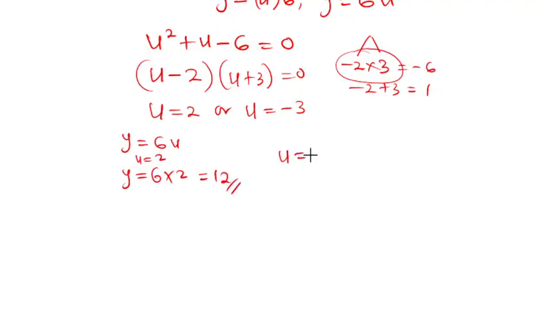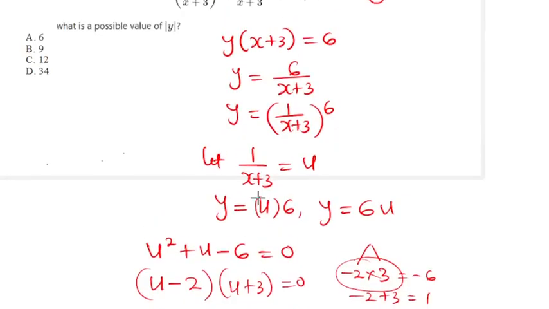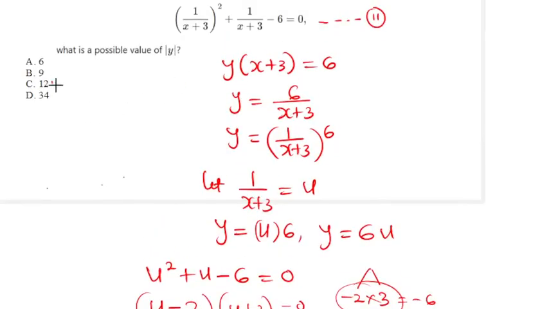Then for u equal to negative 3, y is equal to 6 times negative 3, which gives negative 18. Since we are talking about the absolute value of y, y is 12 or 18. Since we have 12 in one of the options, we'll take C as the answer.